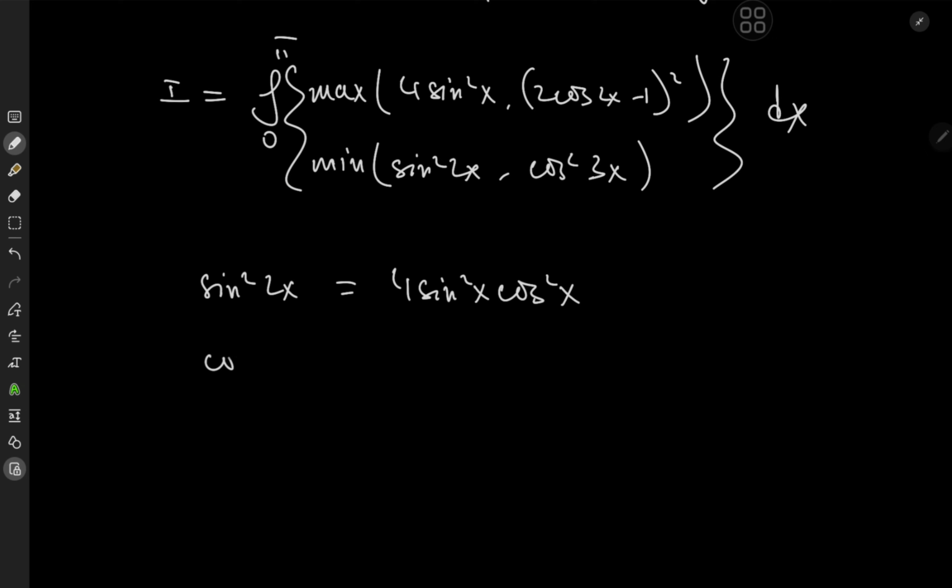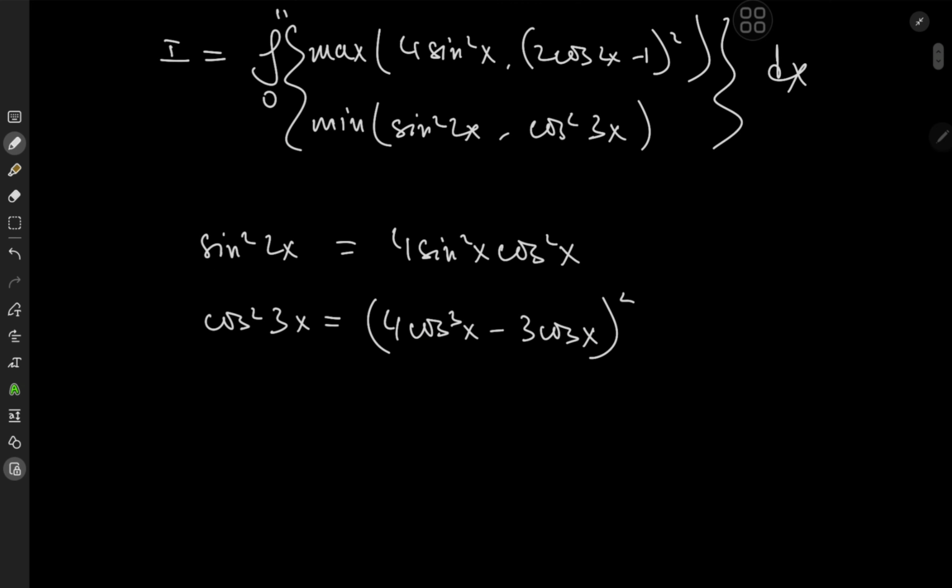And what about cosine square 3x? Well, this thing over here is 4 cosine cube x minus 3 cosine x, whole thing squared, and of course we can factor out a cosine term, so we have cosine square x times 4 cosine square x minus 3.